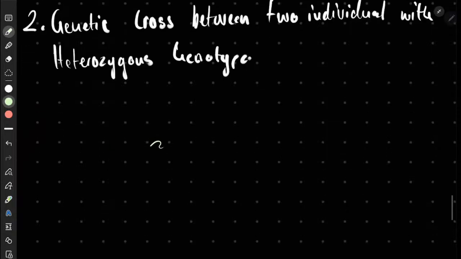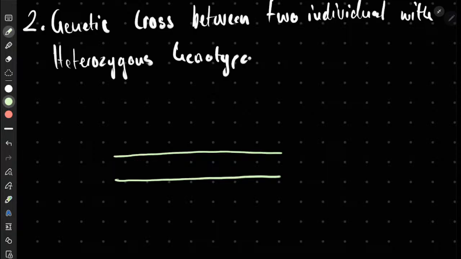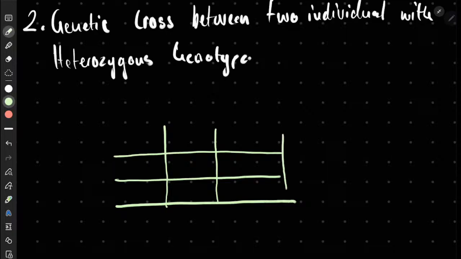So make your table. You draw 3 lines, then here you draw 1 line, then 2 lines like this, then you put the third one closing nicely like this. Then in the corner here, that's where we have our gametes. You can leave it blank if you want.